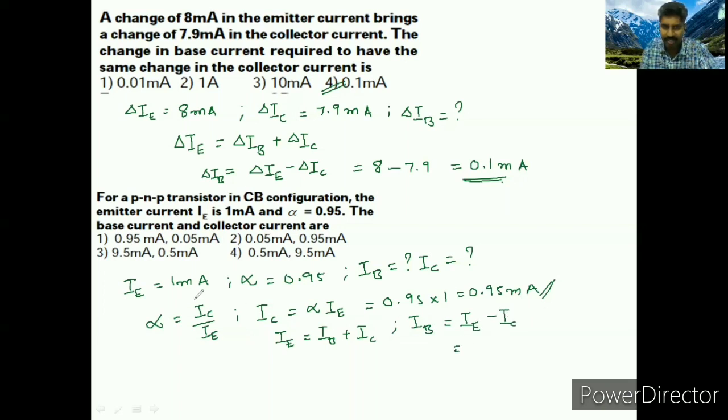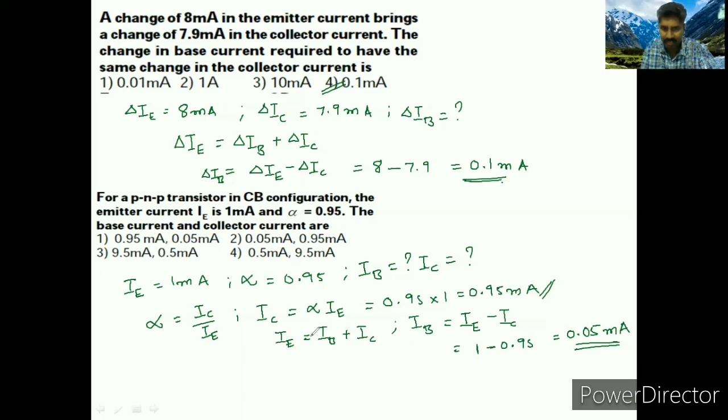Emitter current, how much did they give? 1 milliamps minus collector, we got 0.95. So we can get 0.05 milliamps. So these two are the answer. Which option is the correct one here? First they ask the base current.